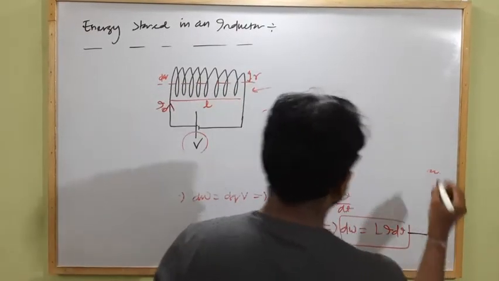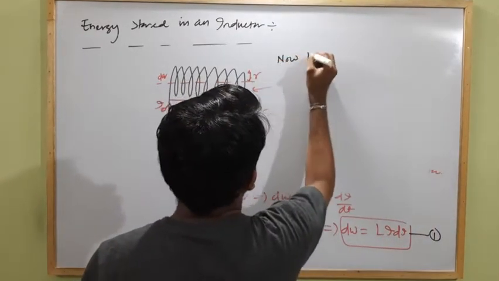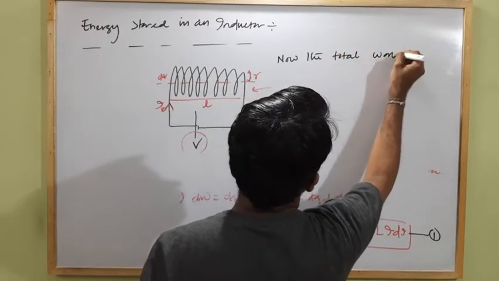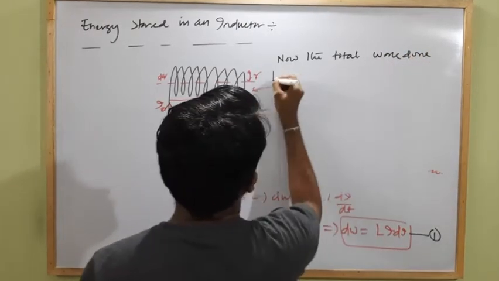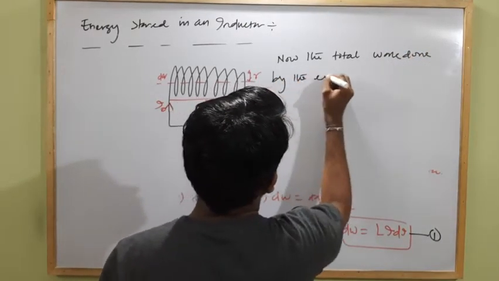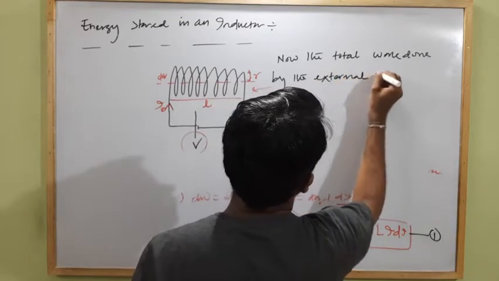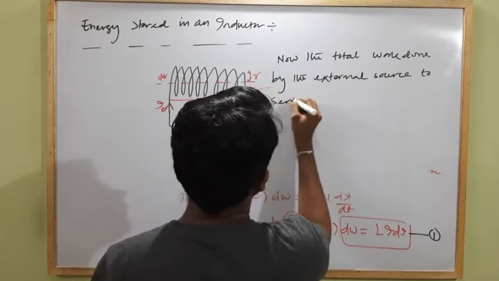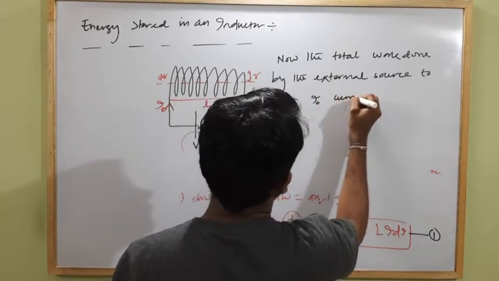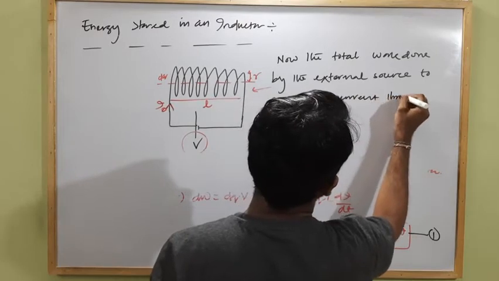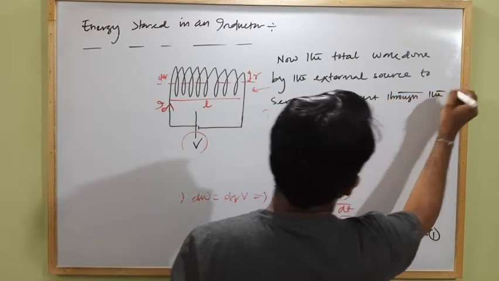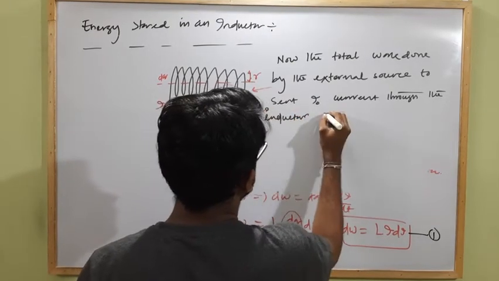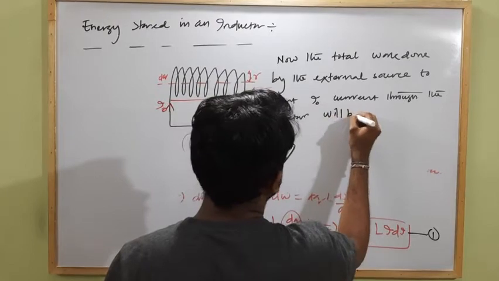Let it be equation 1. So now the total work done by the external source to send I naught current through the inductor will be how much?